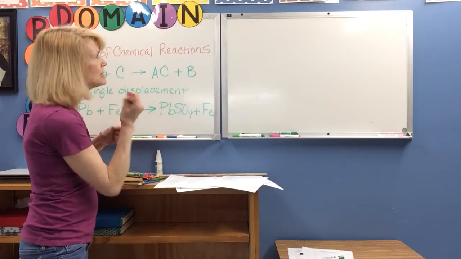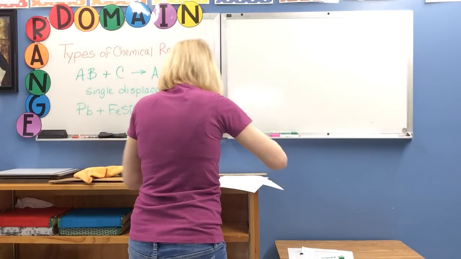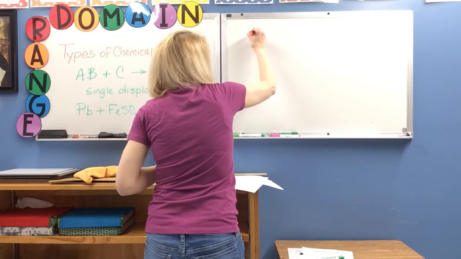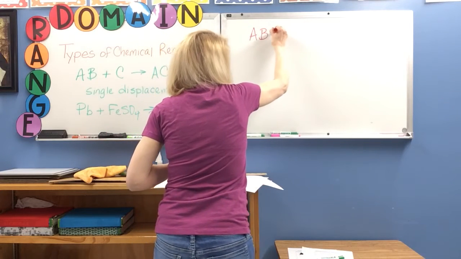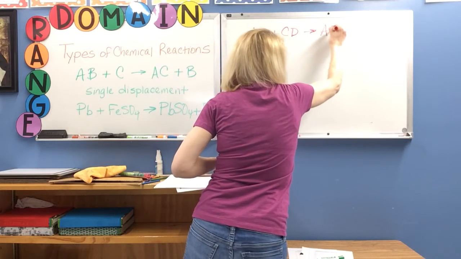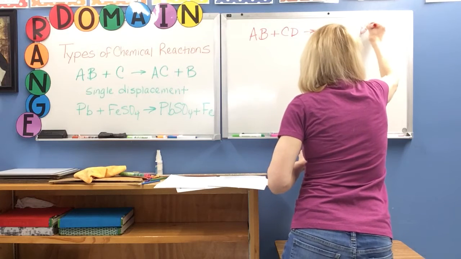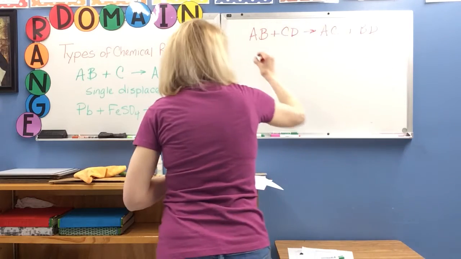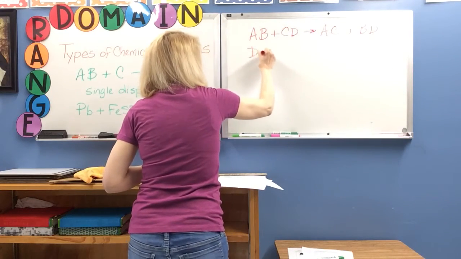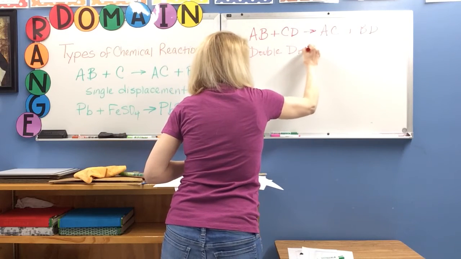Okay, the next reaction is AB plus CD yields AC plus BD. And that is a double displacement reaction.